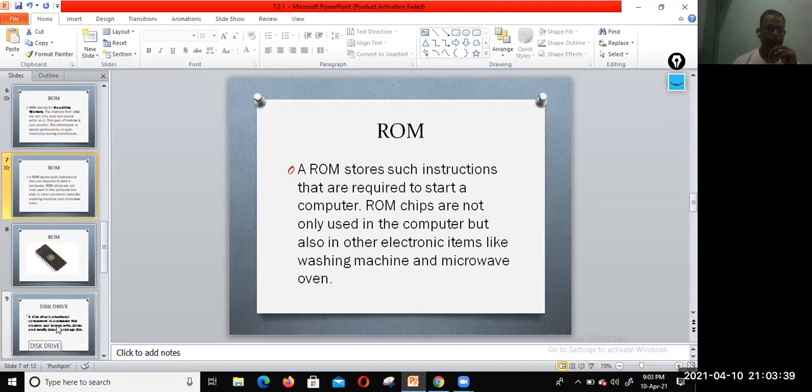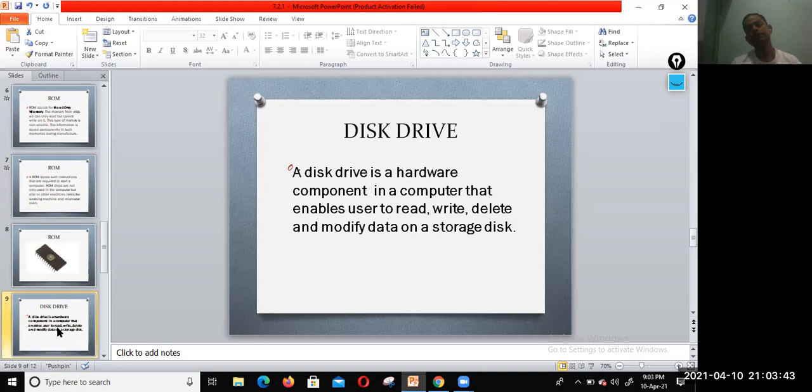Now let's discuss disk drive. A disk drive is a hardware component in a computer that enables the user to read, write, delete, and modify data on the storage disk.